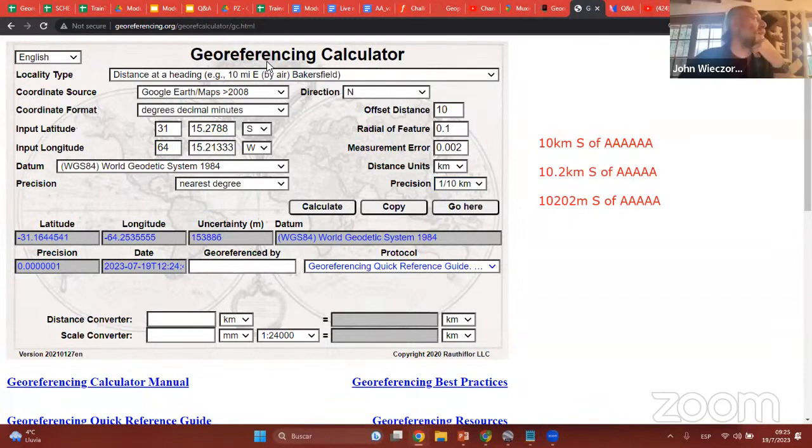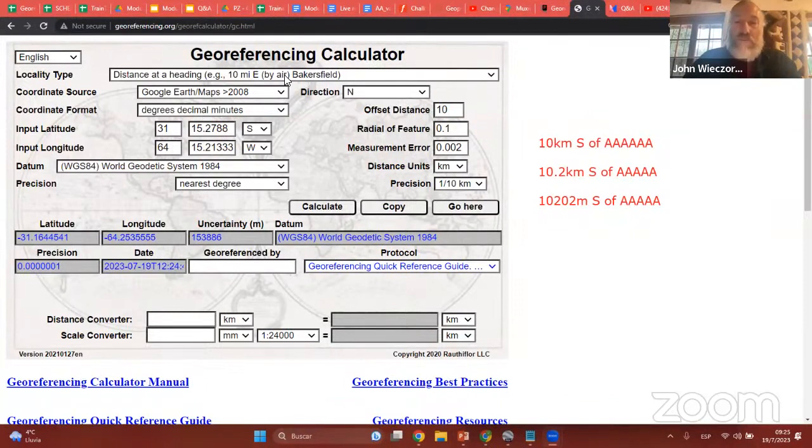Are there any questions? A question from the chat that I answered in chat, but it's good to cover anyway. Beston asked, do I have to record the sources of errors in the georeference remarks? Is it that every time we georeference, we need to put the sources of errors?